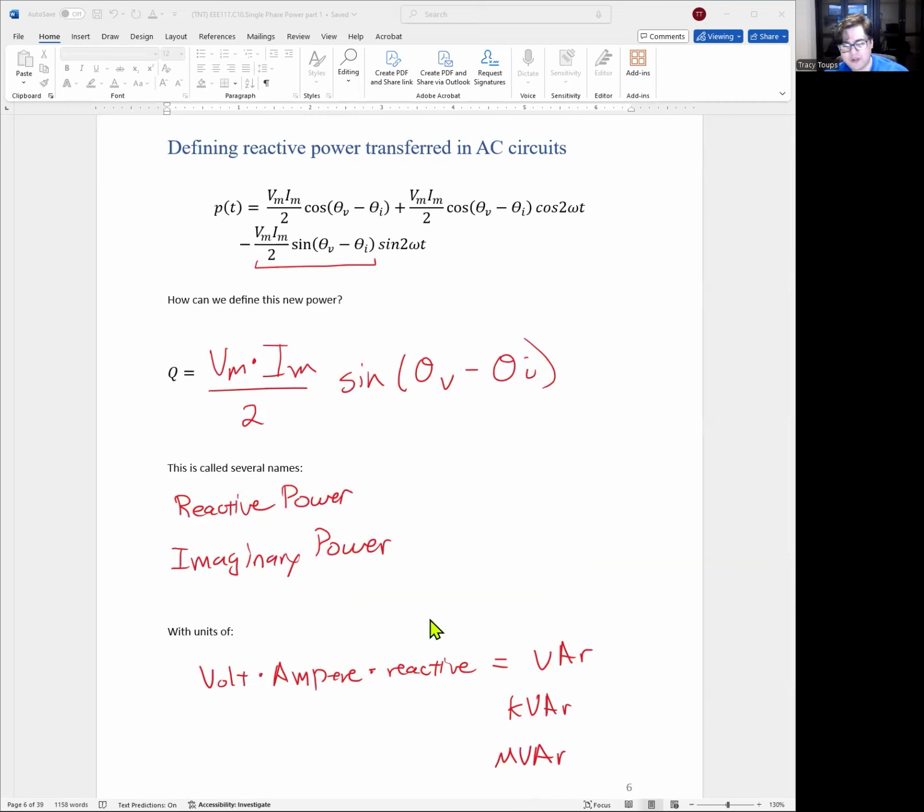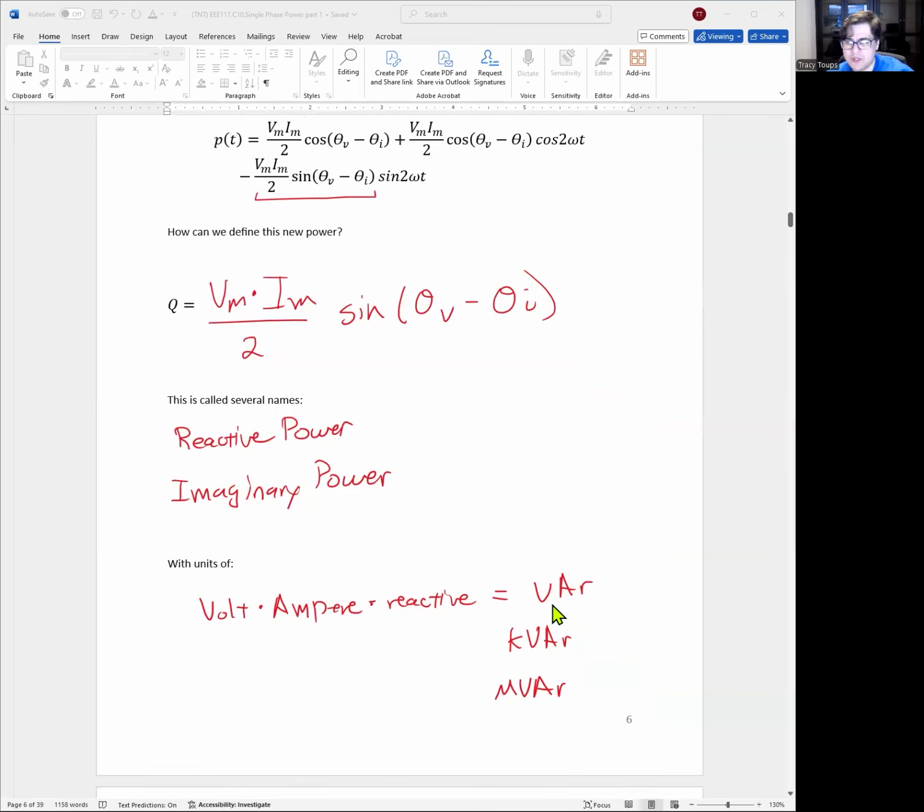The reason why we don't use any formal unit like watts is because there is no SI equivalent for this, because this concept of reactive power is only in power engineering. There's nowhere else in science that we talk about this. Okay, so volt amperes reactive, we shorthand, we call VARs. Okay, you can say we have VARs, kilovars, megavars.